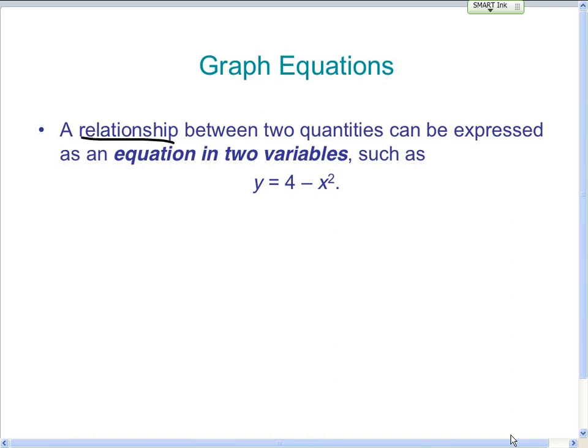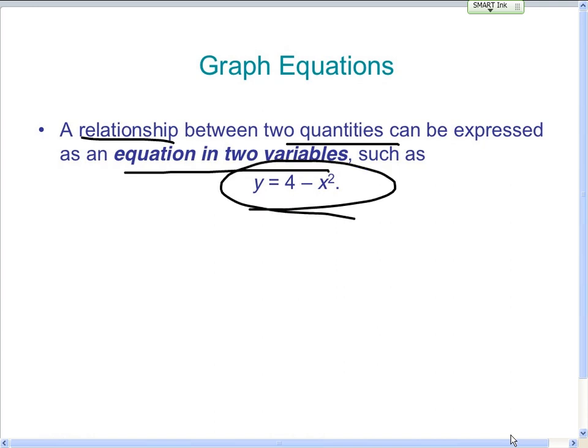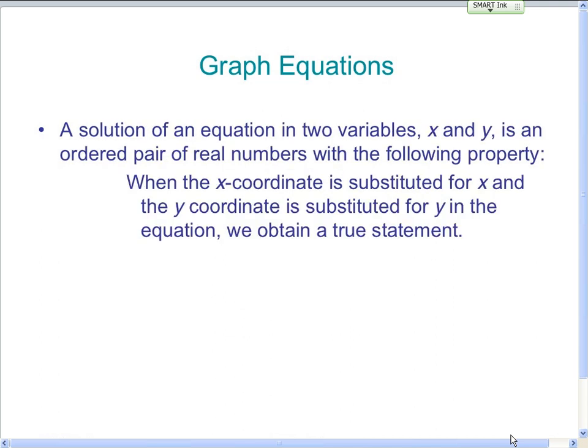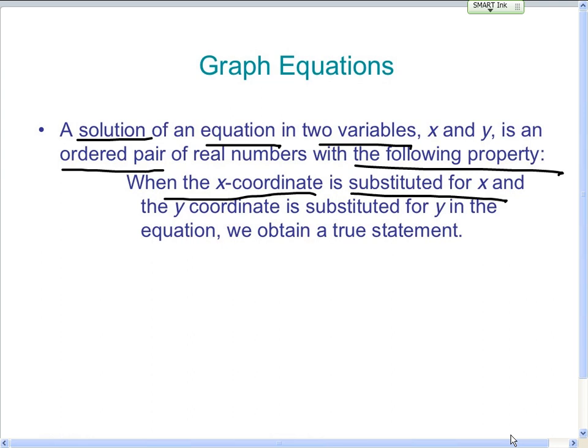A relationship between two quantities can be expressed as an equation in two variables. This is an example, y equals 4 minus x squared. A solution of an equation in two variables is an ordered pair with the following property. When the x-coordinate is substituted for x and the y-coordinate is substituted for y, we obtain a true statement.